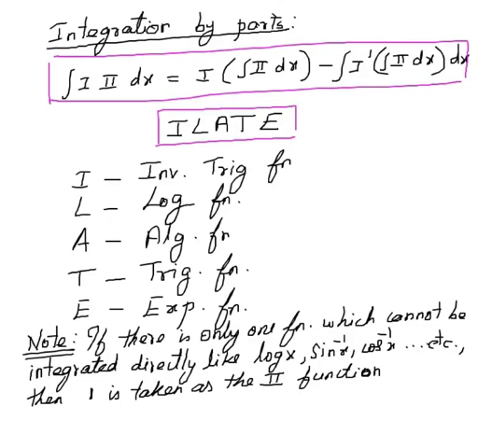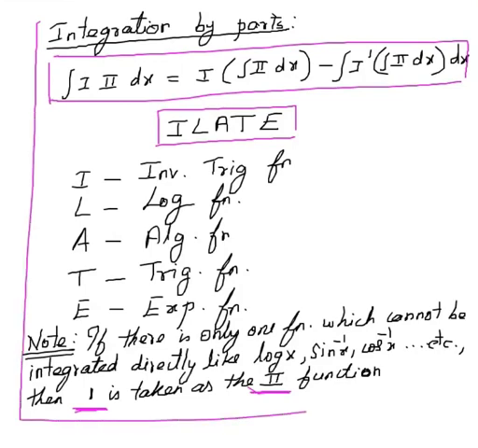We know only differential of log x. Similarly, we know only differentiation of inverse trigonometric functions. We don't have formulae for integral of log x and integral of sine inverse of x, etc. So in such cases, 1 is taken as the second function. So write down these points in your formula notebook.